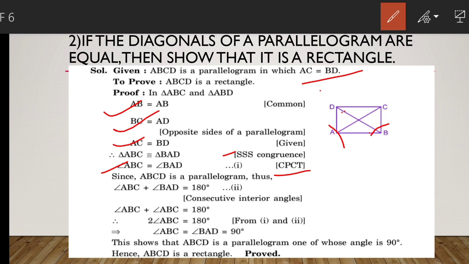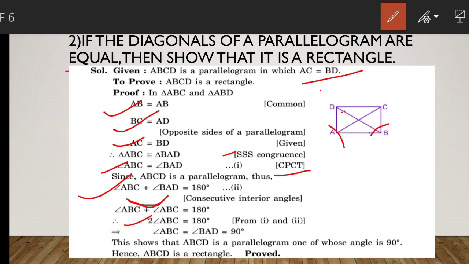Since ABCD is a parallelogram, BC and AD are parallel and AB is a transversal. So we can write the sum of co-interior angles is 180, that is angle ABC plus angle BAD is equal to 180 degrees. Since these two angles are equal from equation 1, we can say 2 angle ABC is equal to 180 degrees.